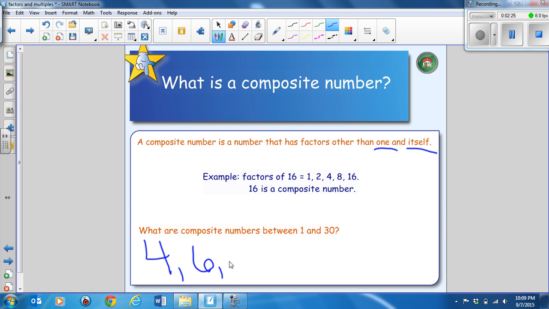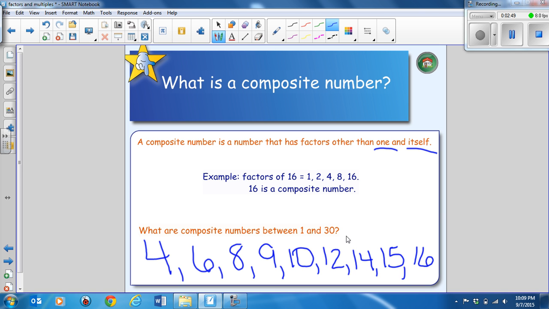Okay, then we have 7 is prime, 8, 9, because 3 times 3 equals 9, 10, 11 is prime, then we have 12, and then 13 is prime, and then we have 14, 15, 16, we also have 18, 20, 21.